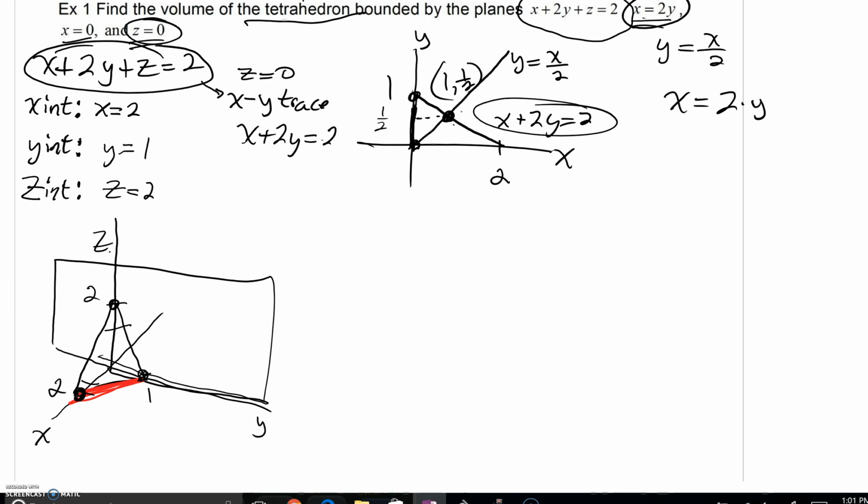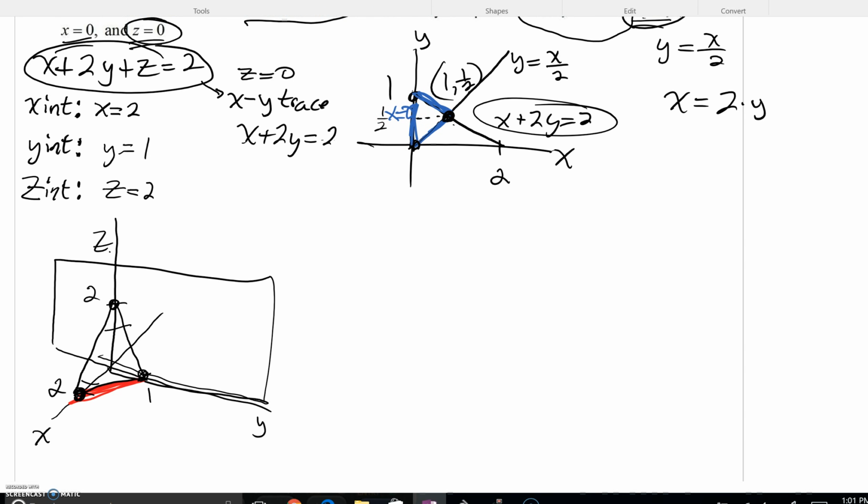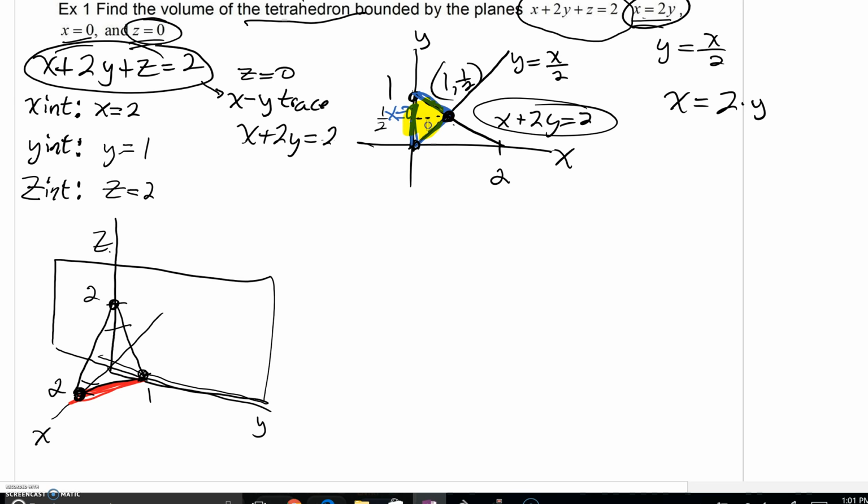So you could say, look, I have this floor, z equals 0, and I'm trying to find the volume above, and I am enclosed by, I hope you can see it now, I'm going to change the color, by this line, and by x equals 0 over here. I hope you can see that we're really dealing with this little triangular region, right?